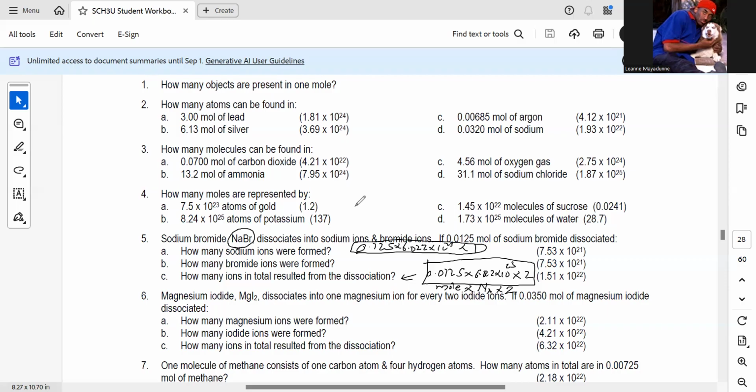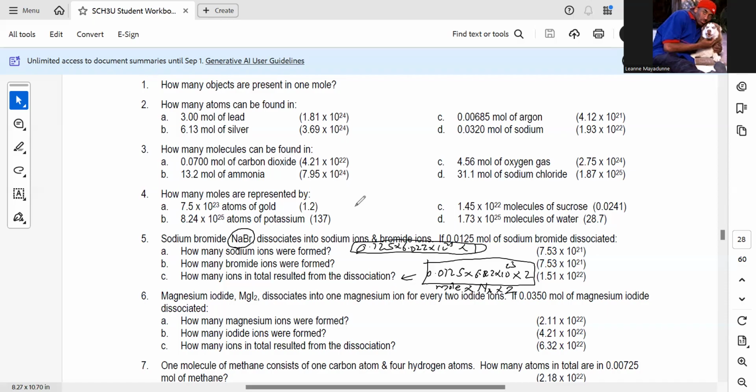For number six, I got two different numbers. So how do I multiply it? Sorry, for which one? For number six, A and C, I got the answers for magnesium.